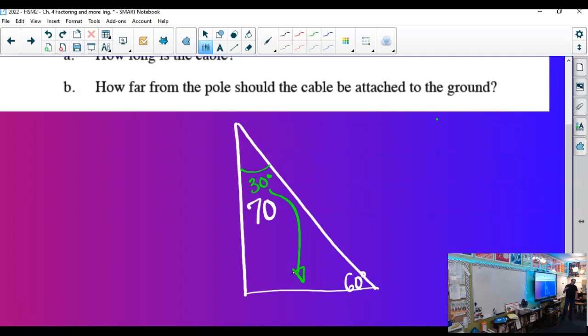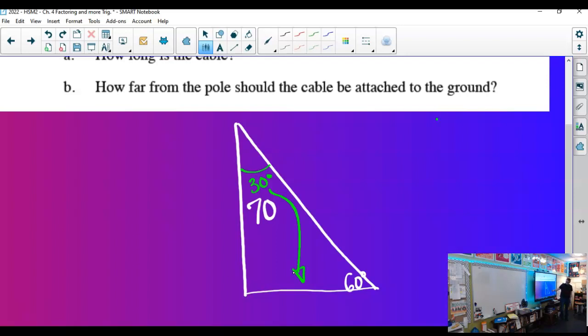Maybe we should just use trig. Guys, everything I'm doing is on purpose. There are rules that we could use, but if we haven't practiced them, trig is the safer way to go. I know the 30, 60, 90 rules, but that doesn't matter. If you're not comfortable with them yet, let's just do trig.